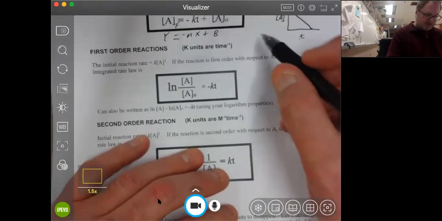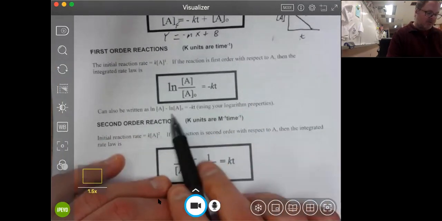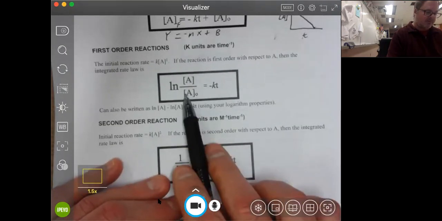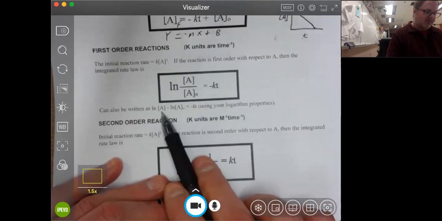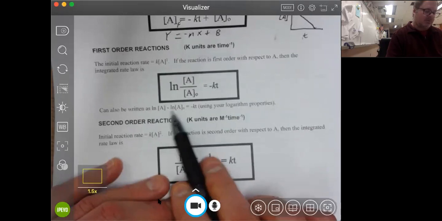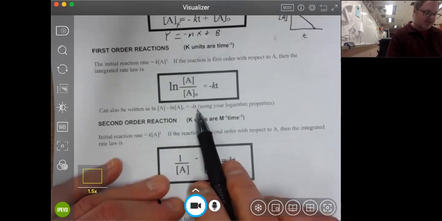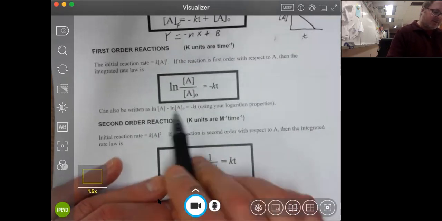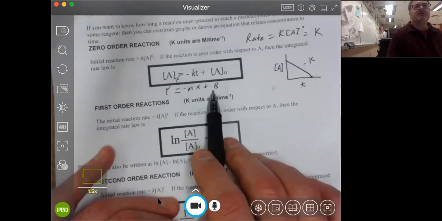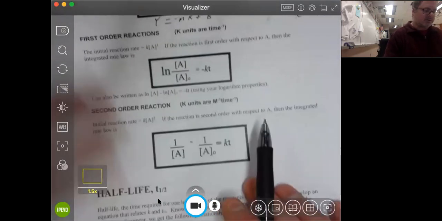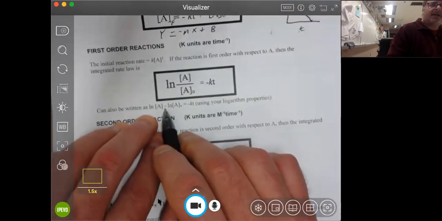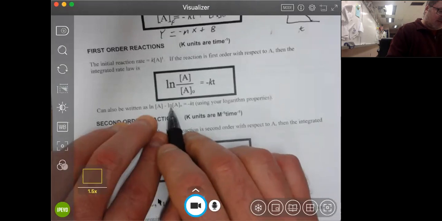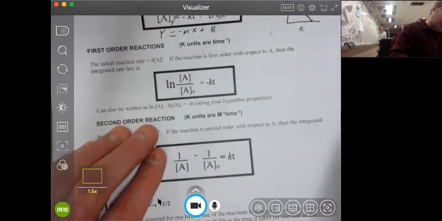Now, if we take a look, we know that we can change from the natural log of A divided by A naught to the natural log of A minus the natural log of A naught equals negative KT. Well, then we can actually change this to the slope intercept form by basically adding the natural log of A naught to both sides.